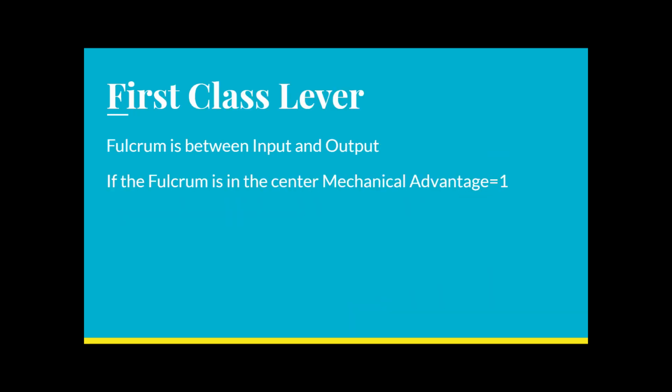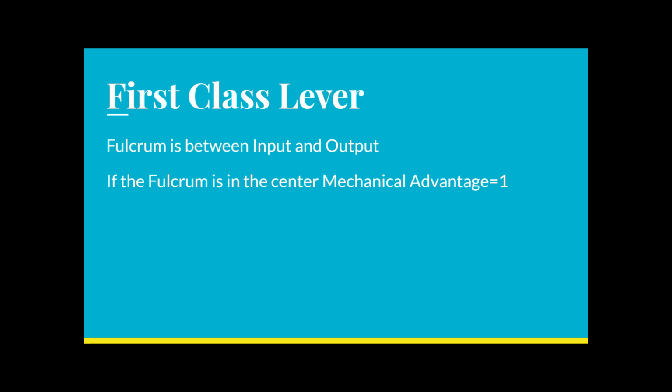So the first class of lever has the fulcrum between the input and the output. Now for this slide and the next few slides, I do want you guys to write down the title because that's where I tell you what class of lever we're talking about. So on a first class lever, the fulcrum is between the input and the output.